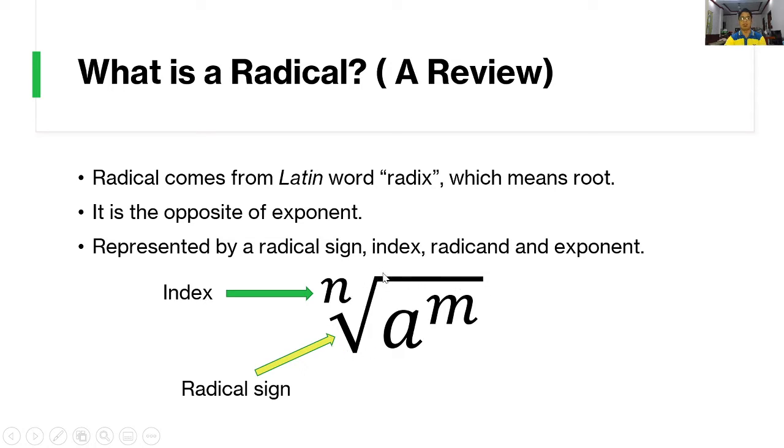Ito lang talaga yung radical sign yan. Kaya nga sa symbol natin, ito lang yung makikita natin. Okay? Kaya lang, para malaman natin kung ano yung under ng radical sign, we have put the vinculum here. A here is the radicand, yung pinaka-base natin sa exponent, if you can still remember. And this one, of course, is the exponent. So basically, ito yung parts natin sa radical.